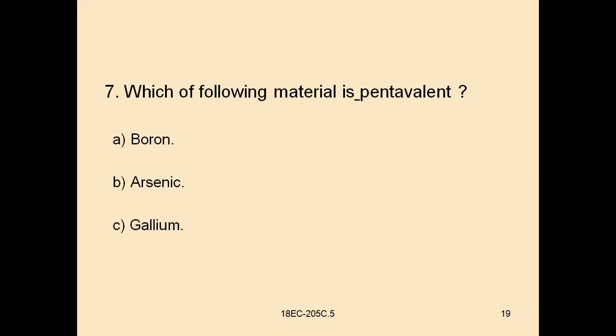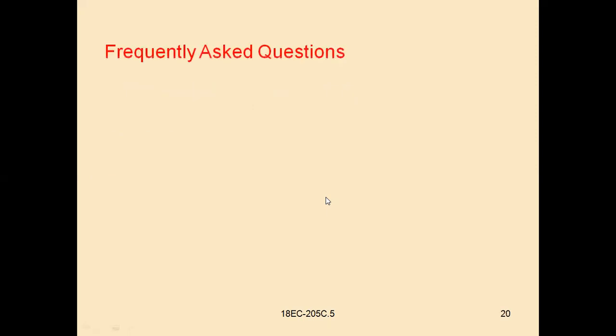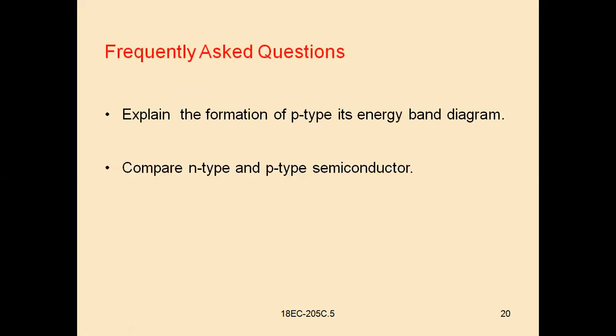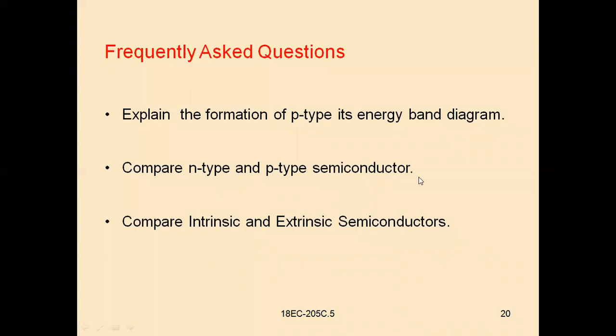Which of the following material is pentavalent? Boron, arsenic, gallium? Arsenic. So the frequently asked questions are: explain the formation of p-type and its energy band diagram. Compare n-type and p-type semiconductors.